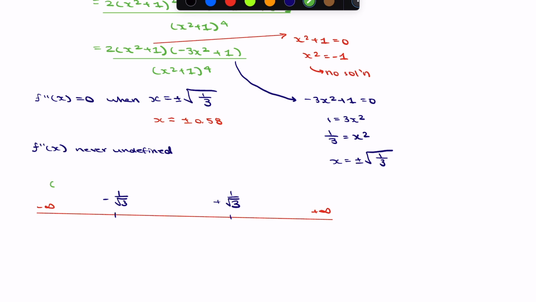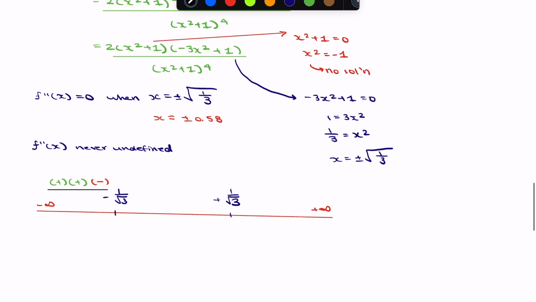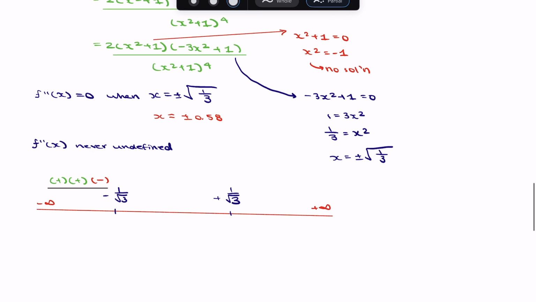We have a positive value for 2. Sub in negative 1, so negative 1 squared plus 1 will still be positive. Negative 3 times negative 1 squared is negative 3, plus 1, that'll give us a negative value. And then at the bottom, negative 1 squared plus 1 to the power 4 will give us a positive value.